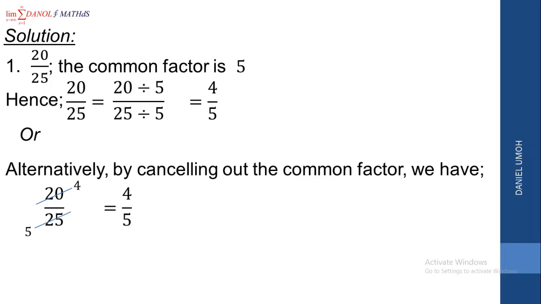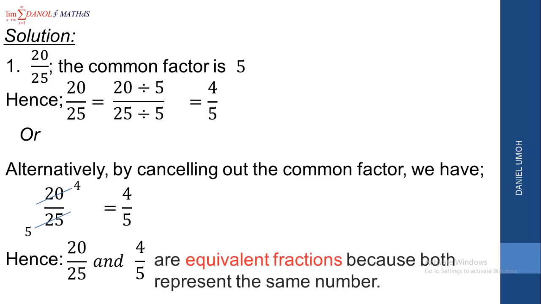So this now equals 4 over 5. These are the two ways of reducing a fraction to its lowest term. Whichever method you are okay with, you can use it. You will still get the same solution. So it means that 20 over 25 and 4 over 5 are equivalent fractions.